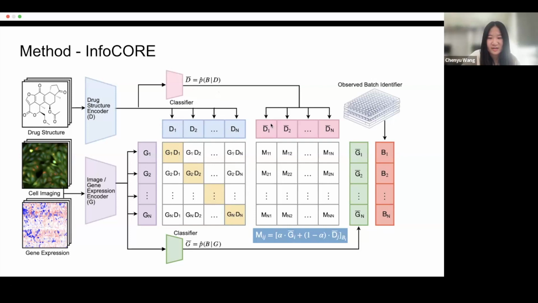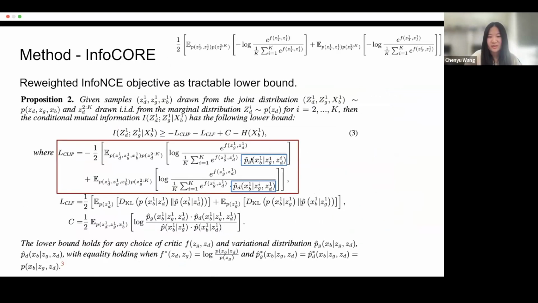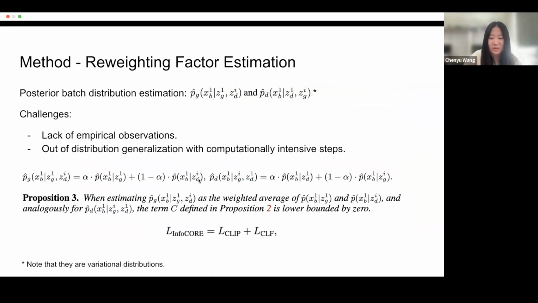However, in the right part, we can also calculate the weight matrix for each element in the similarity matrix. Each weight is calculated based on the output of these two batch classifiers together with the observed batch identifier of the anchor, as shown below, which is another formula of the previous reweighting factor and the weighted average approximation in our propositions.